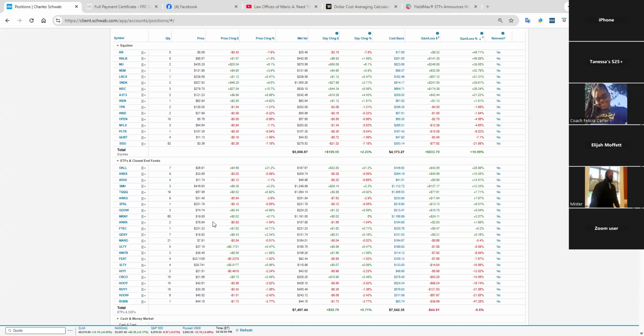The great thing is that a lot of times, even within your rollover IRA, you can invest in these different funds. You just have to go in and change your allocations. So you don't actually have to remove the money from the rollover IRA. You just have to get it invested in different equities, ETFs, and companies that are actually growing.